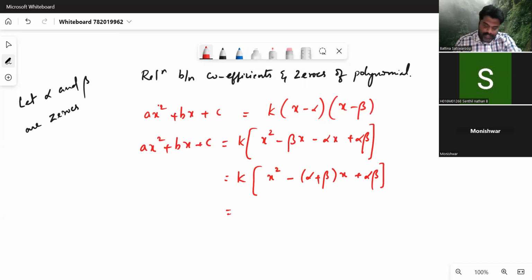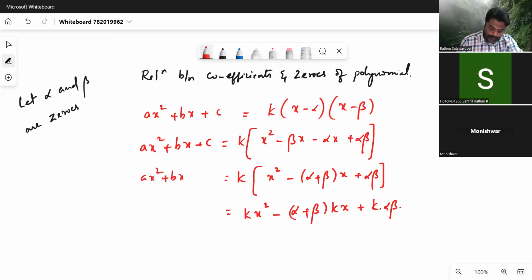Now, if I have to write this as a single expression, this is kx square minus alpha plus beta into k into x plus k into alpha beta. Am I right, sir? You agree with me on this? Correct? Yes, sir. Right.